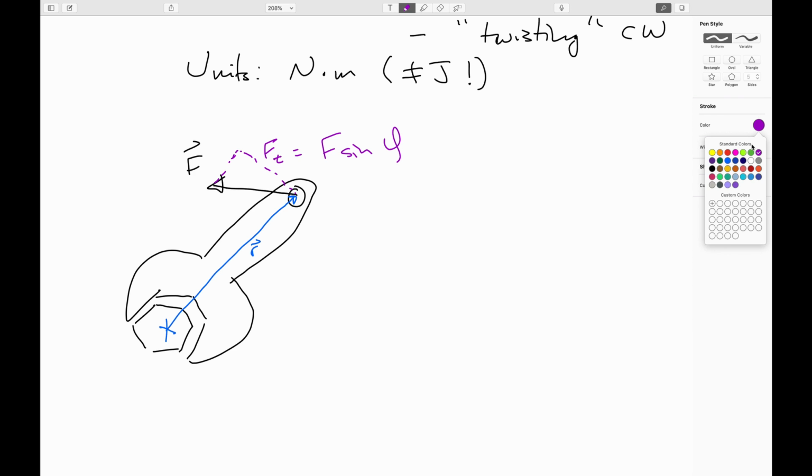So another way we could write the torque, if we find it convenient, would be to say that it's equal to the entire distance from the axis to the point of application times the tangential piece of the force. So this is the part that's actually trying to make something go around in a circle. This perpendicular bit here, this radial bit, is only serving to try to compress the wrench. It isn't trying to actually twist anything.